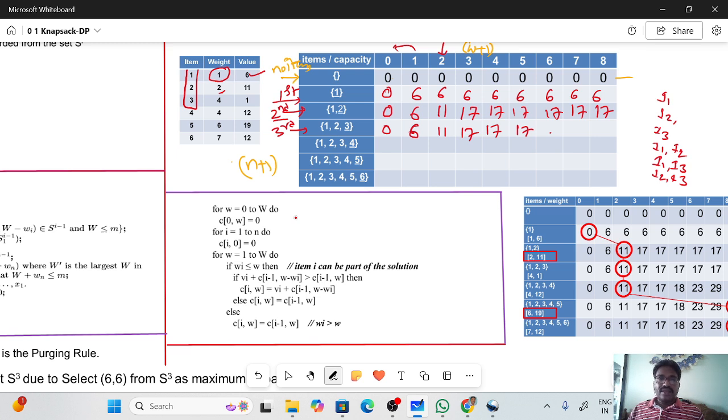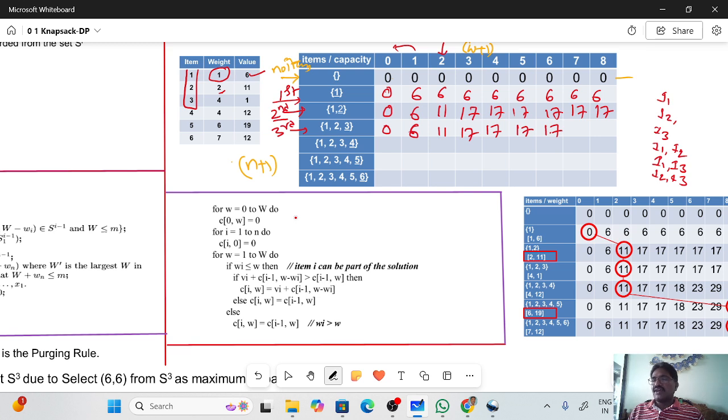Unable to place all, because what is the weight of all items? 7. What is our knapsack capacity now? 6. So now I am checking the maximum of all these. What is the maximum? 17 only. So I get item 1 and 2: 6 and 11, 17.